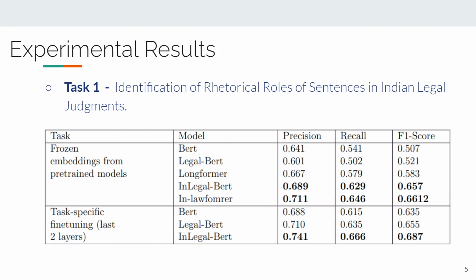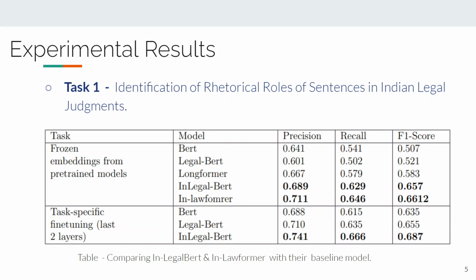Now we see that on comparing these models with the other generic model and its baseline model, the Indian LegalBERT performed better than BERT and its baseline model LegalBERT. We can see a difference of 15% in the F1 score for Indian LegalBERT and 16% for Indian LawFormer, which is a significant difference in the F1 score.